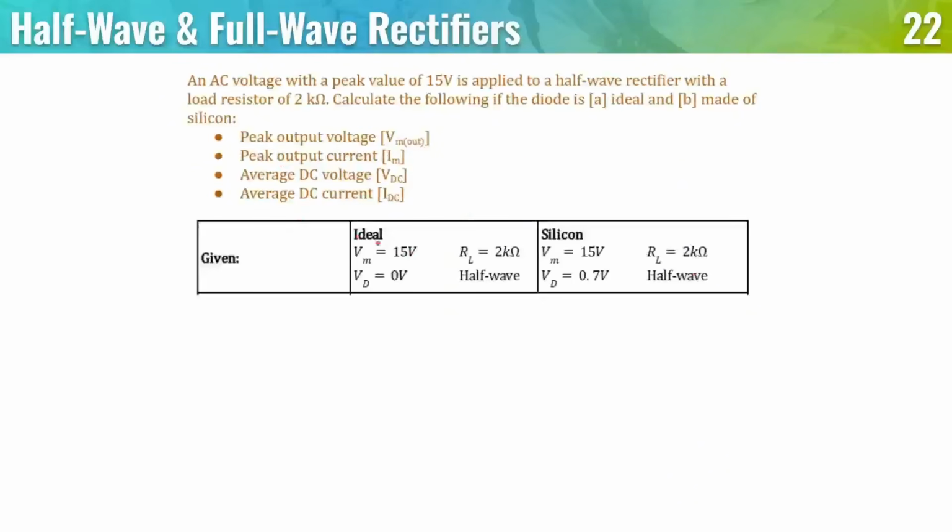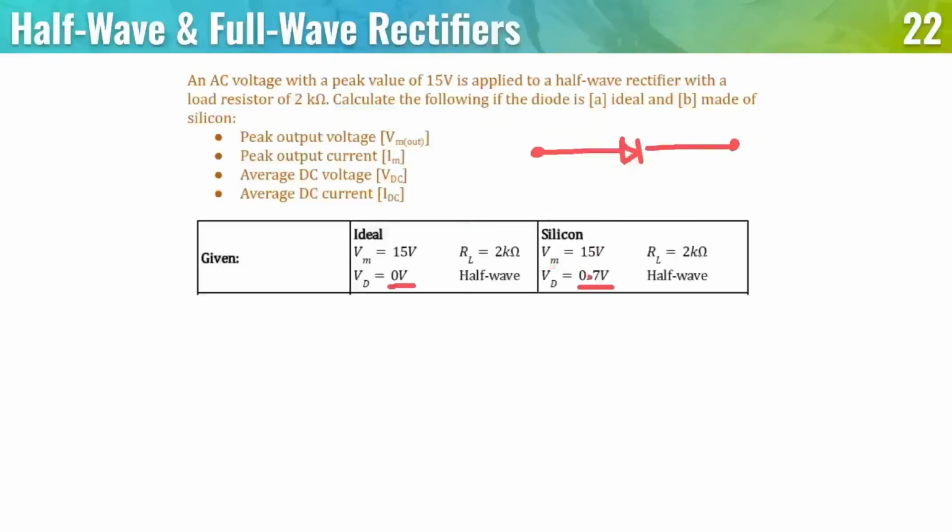We know that the given peak is 15 volts and the load resistor is 2 kilo ohms. That is the same for ideal and silicon diodes. They will differ when it comes to the voltage across the diode. Remember from earlier, if it is ideal, there is no voltage drop.